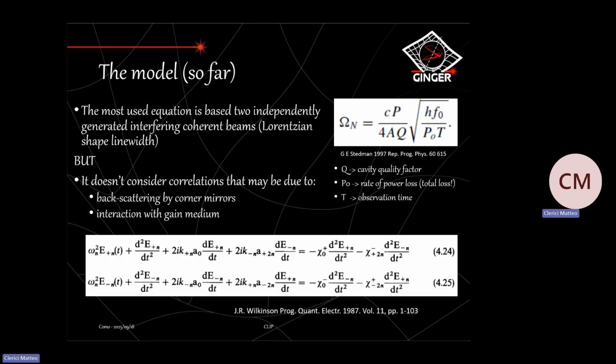But these are classical equations for the ring laser. Plus n is a label for one direction, and minus n is a label for the backward direction. And this is a multi-mode expansion of the cavity and so on.